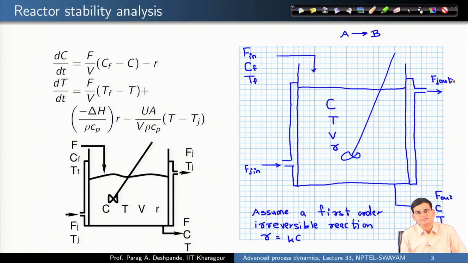And the temperature can be denoted as T J in, the temperature of the jacket fluid at the inlet, and T J out, the temperature of the jacket fluid at the outlet. Nothing more than this specification is required.